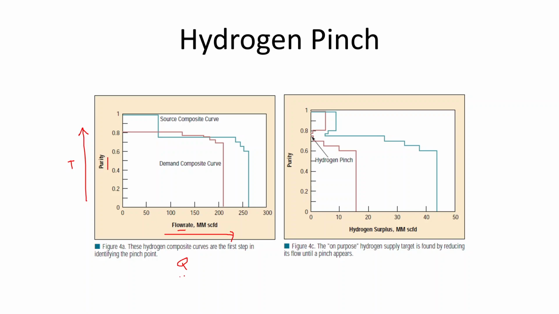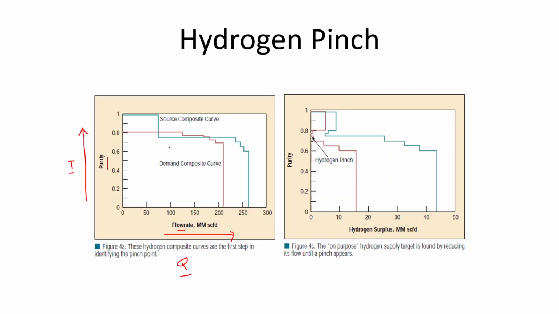So the quantity is the quantity of heat, and the quality for that heat to be transferred is the temperature. Temperature is the driving force for heat to be transferred. In this case, purity is also the driving force, because you need a certain purity to have these hydrotreating, hydrocracking processes going on.